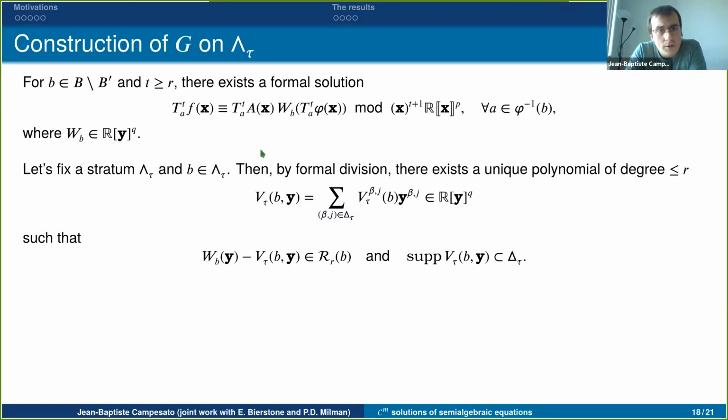We want to solve these equations at the level of Taylor polynomials over the complement of B prime, and by assumption we have a solution, which is not semi-algebraic, up to order T. So when we look at the Taylor expansion, this solution gives us a Taylor polynomial, WB, which satisfies this equation. This WB comes from the assumptions, but it is pointwise. We do that for every B.